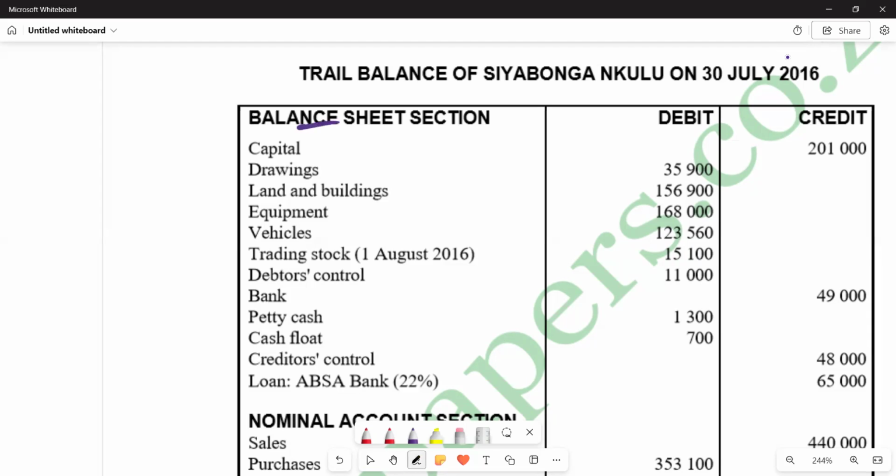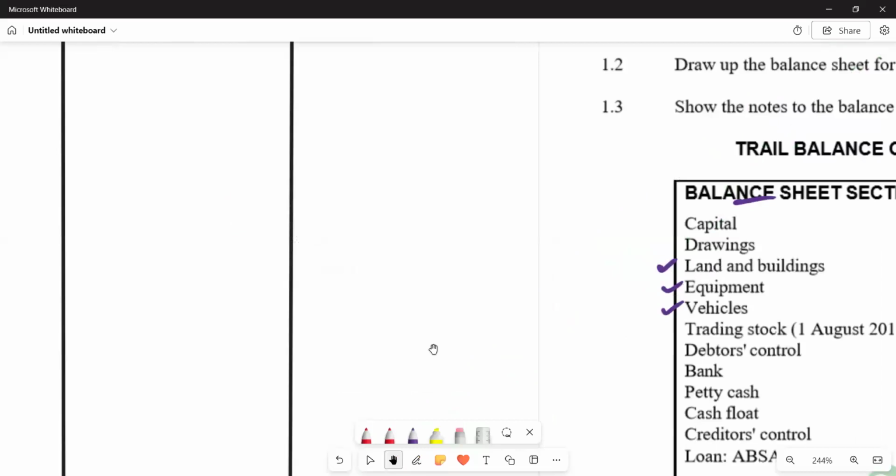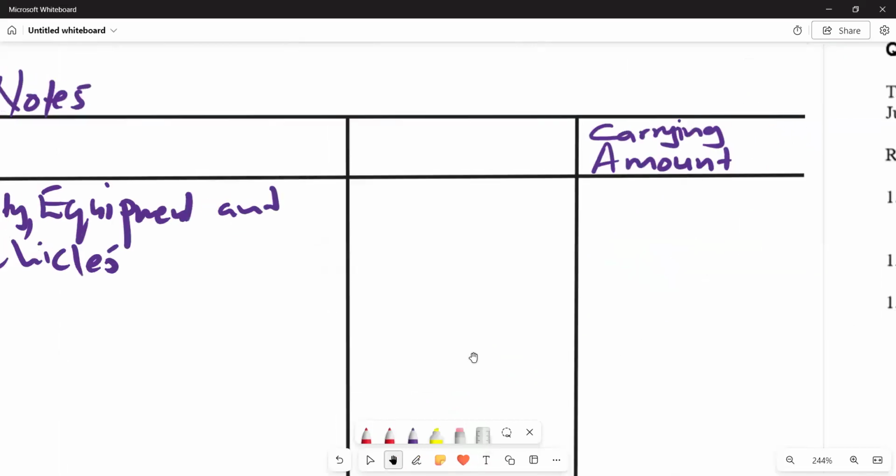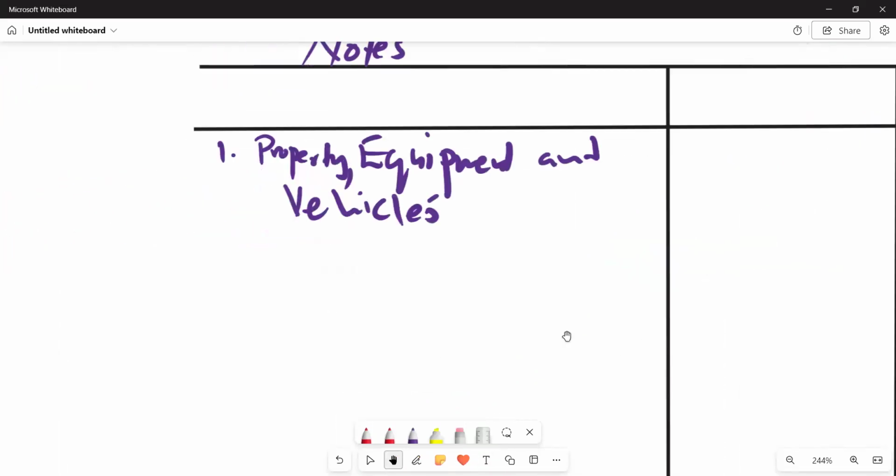We go down, checking all the fixed assets. We've got land and buildings with an amount of 156,900. We have equipment with an amount of 168,000. We have vehicles with an amount of 123,560. So those are the three fixed assets that we are just going to list in the section for our property, equipment, and vehicles.